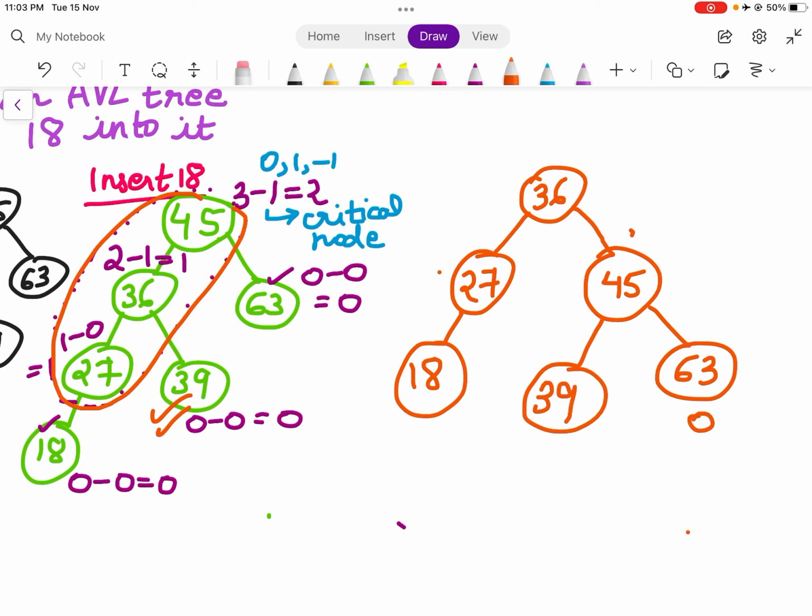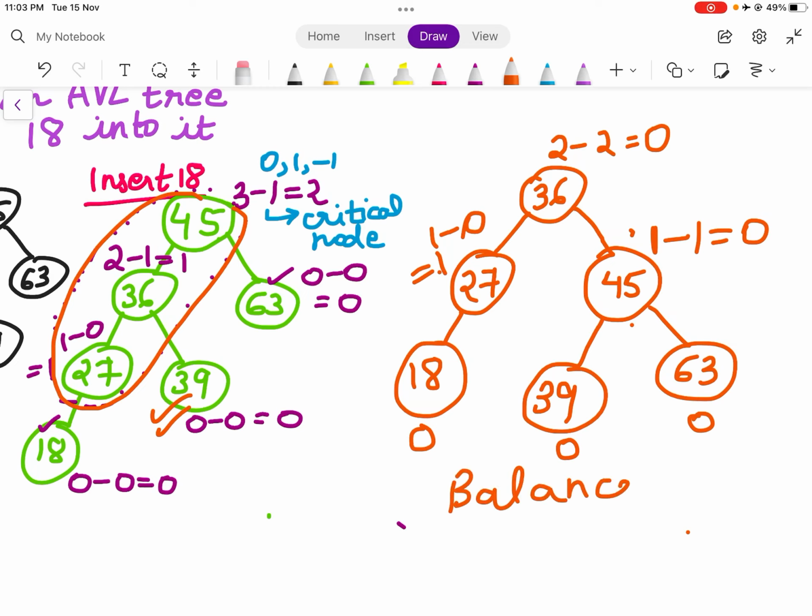Now if you see, this is the root. So the balance factor is 0. Balance factor is 0. Balance factor for this will be 1 minus 1, that is 0. 1 minus 0, that is 1. 1, 2 and 1, 2. 2 minus 2, that is 0. So this is a balanced AVL tree.